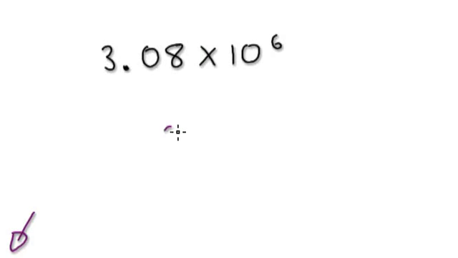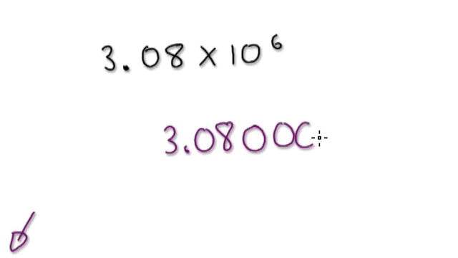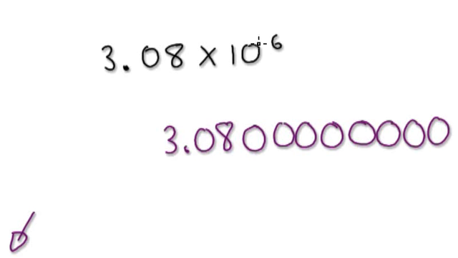Okay, so visualize 3.08. The number will get bigger, so we're going to move the decimal in this direction here. Visualize it with lots of zeros. Now we're going to move it 6 places. So it's 1, 2, 3, 4, 5, 6.